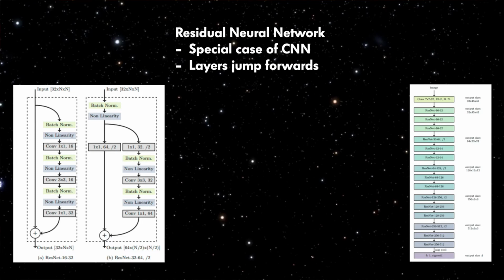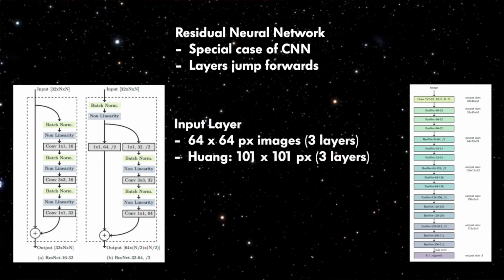However, it's necessary because our input layer is a 64 by 64 by 3 array of image data. Huang used 101 by 101 images for their data along with the same 3 layers, but we found that the 64 by 64 simplification offers a lot of time benefit in terms of training, and it seems to still get very good accuracy.